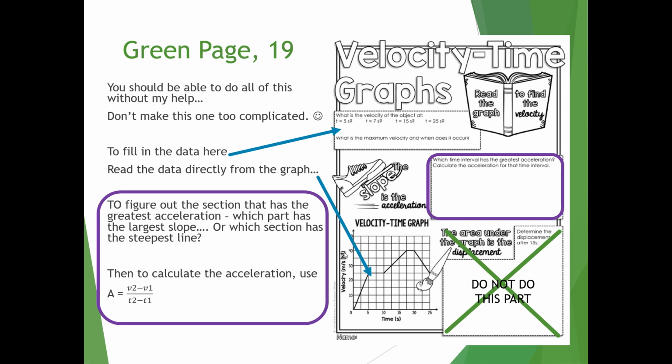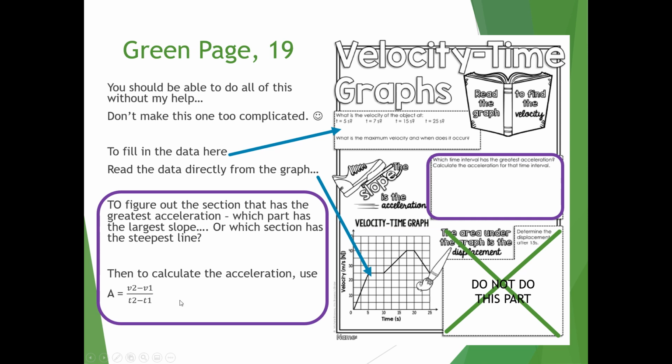Then the time interval that has the greatest acceleration, and they ask you to calculate that acceleration for that time interval. So the greatest acceleration is the part that has the largest slope, or which one is the steepest line. Now, you might be able to eyeball it, and if you can, great. And if you can't, you can do a couple of calculations.